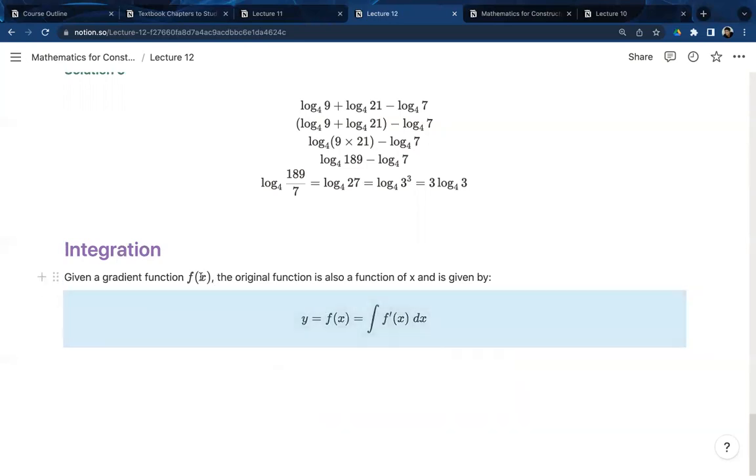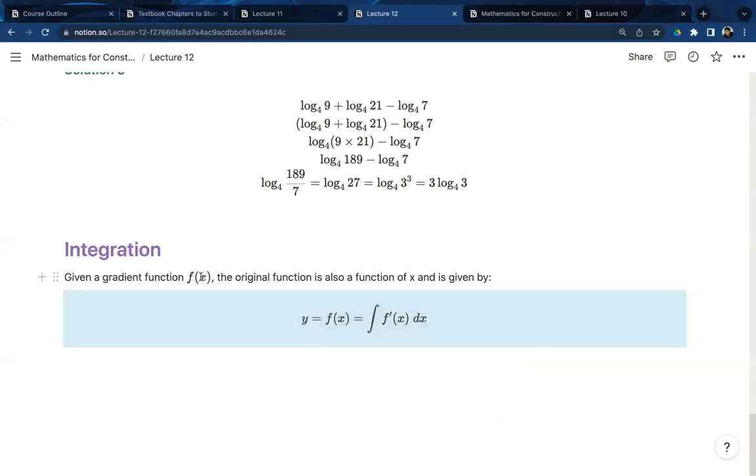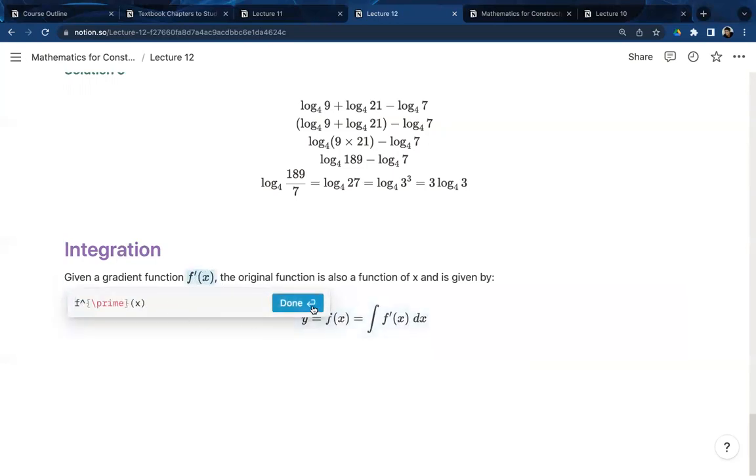So to go from the gradient function to the original function is the opposite of differentiation, which we call integration. So we use this symbol here in front of the gradient function, and we say what we are integrating with respect to. We say the integral of f prime x dx.